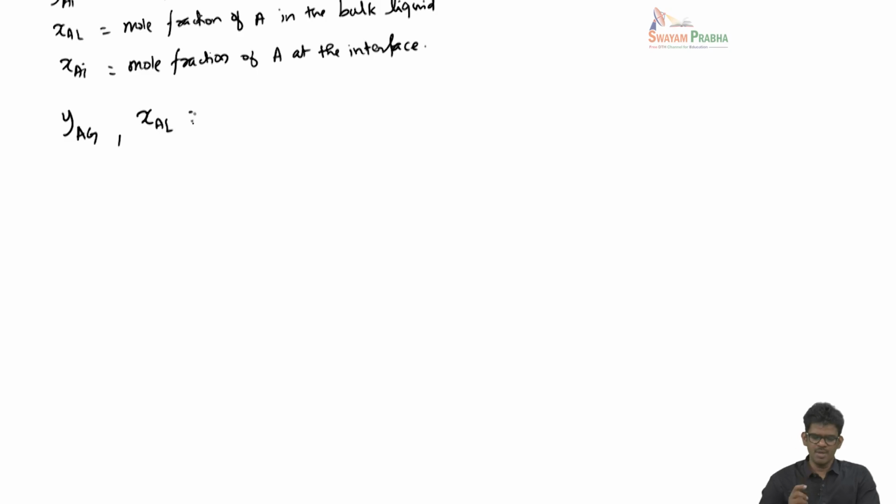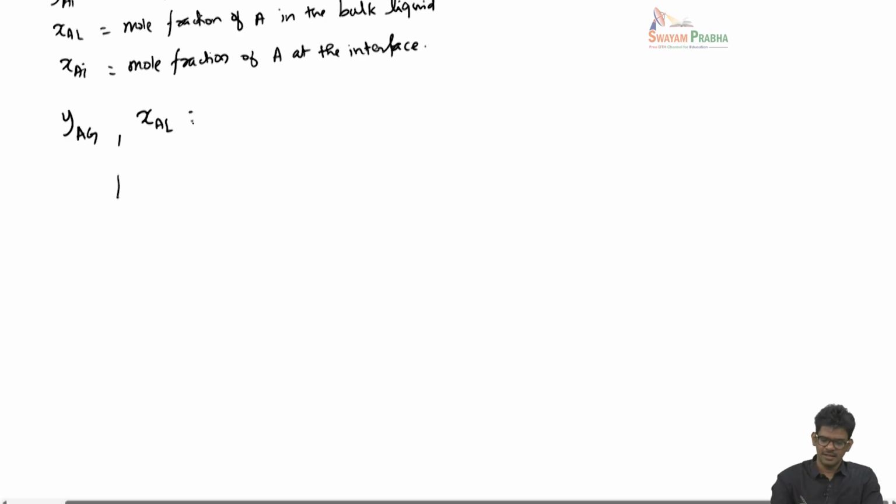Now the question we would like to ask is, how can I write an expression for mass transfer rates when you are away from the equilibrium values? Okay, that is the context. So we may be tempted to write something like mass transfer flux, let's say NA, is proportional to YAG minus XAL.